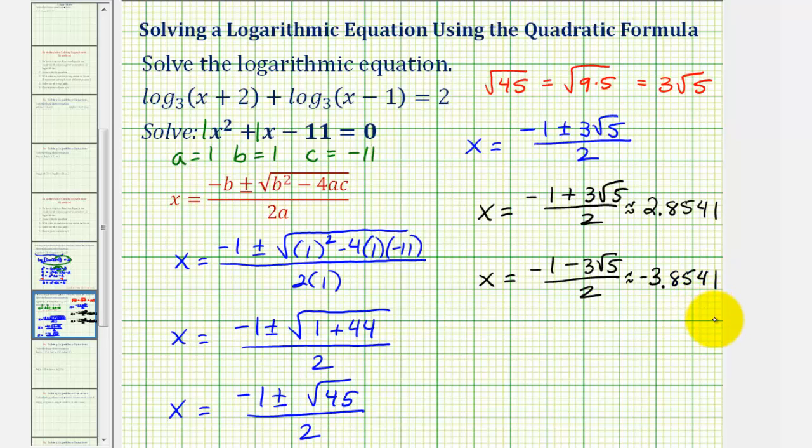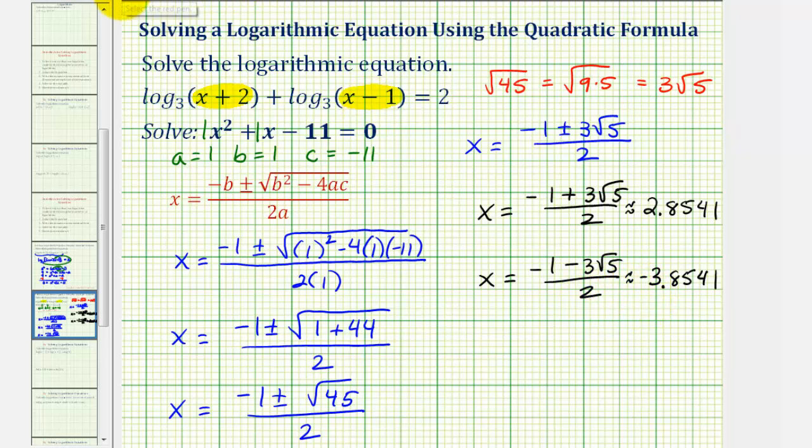Now to check our solutions, the main thing to remember is that the number part of the logarithms, or the arguments of the logarithms, which would be x plus 2 and x minus 1, must always be positive. So notice if we take a look at the solution that's approximately negative 3.8541, both x plus 2 and x minus 1 would be negative, and therefore this is not a solution to the log equation.